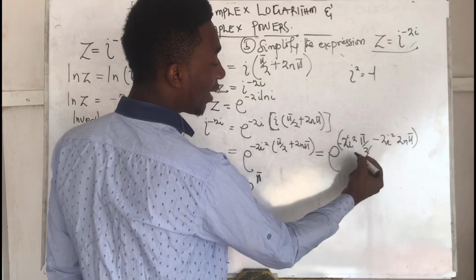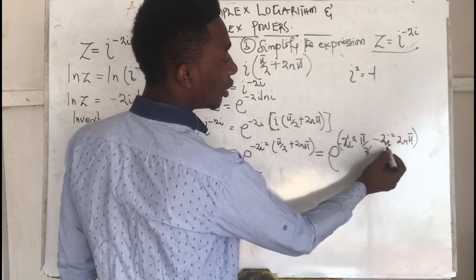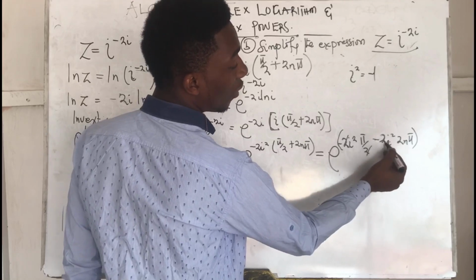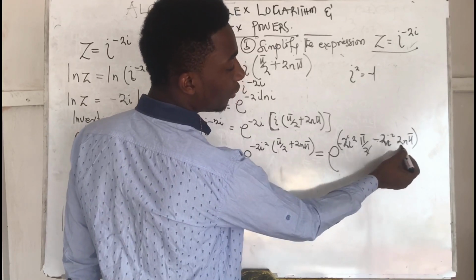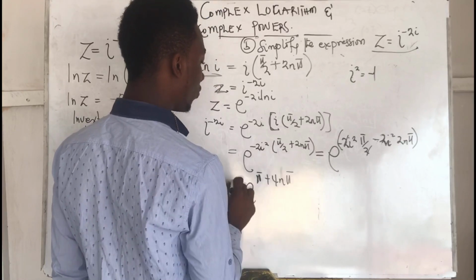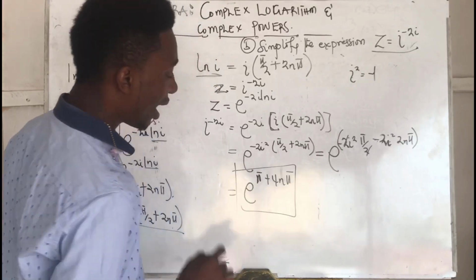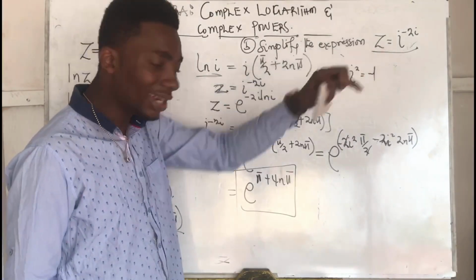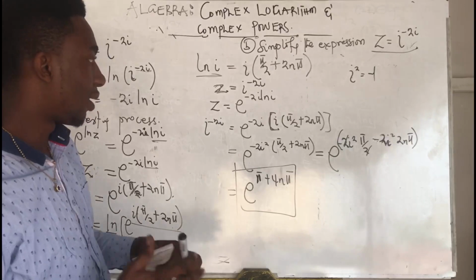And this over here is also negative 2 i squared, so that will give you positive 2 here. 2 times 2 will give you 4, so that will give you plus 4n pi. This will be the solution after you are done simplifying this particular expression.